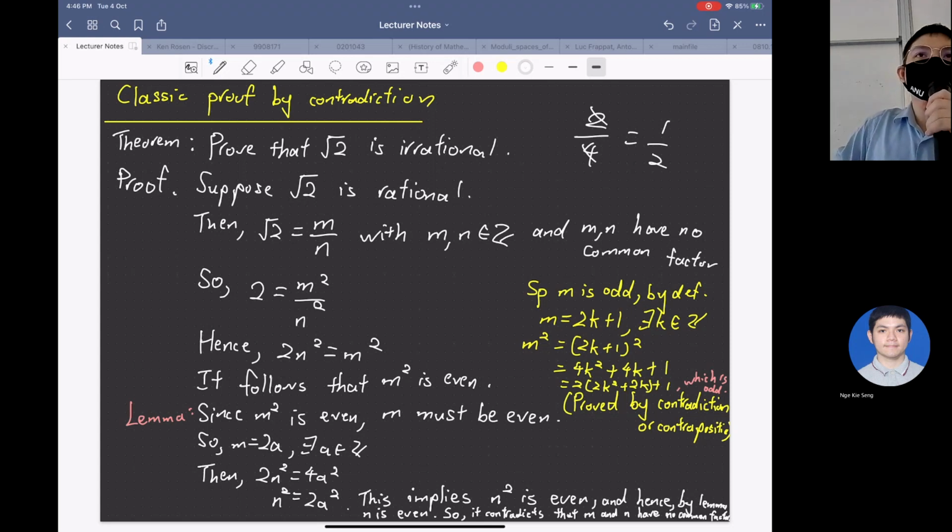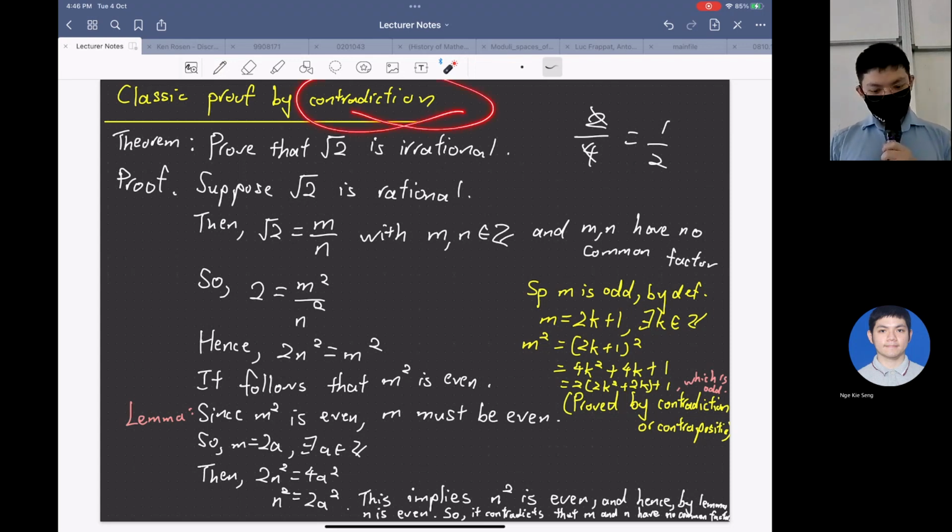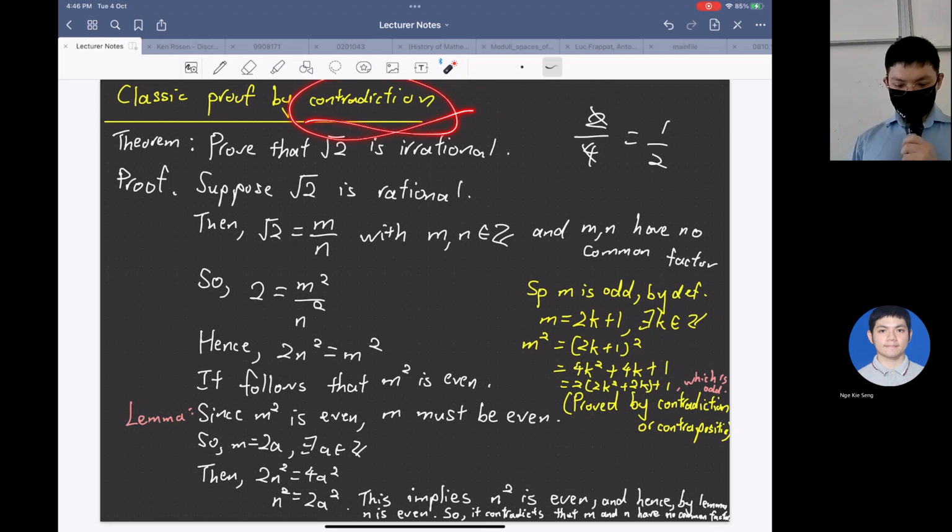Okay. Following or not? So what I want you to appreciate here is how it is a contradiction. You need to assume the result is false first.